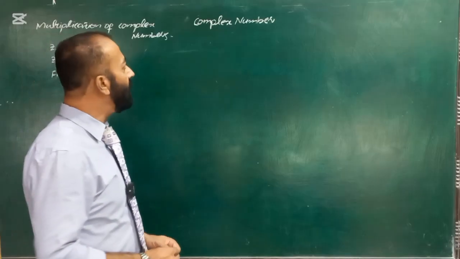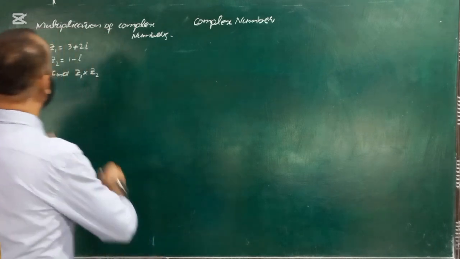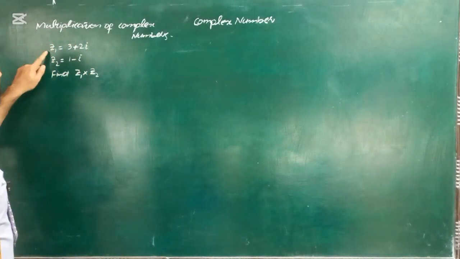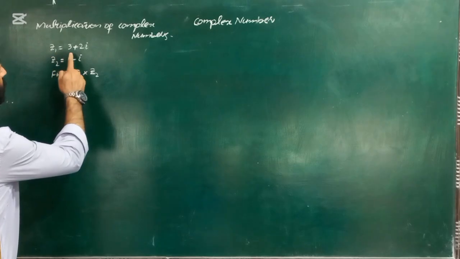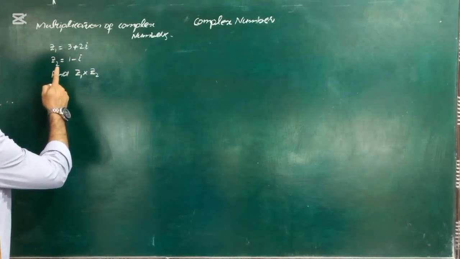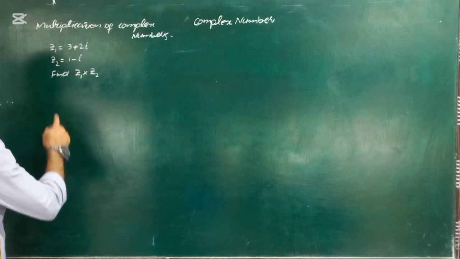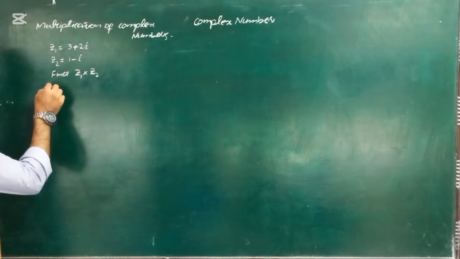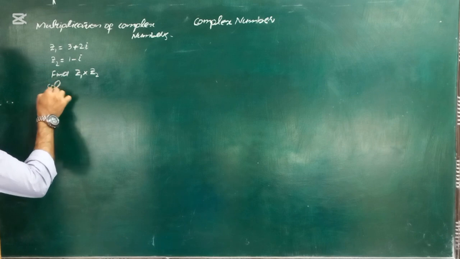The next thing that we are going to read in complex numbers is the multiplication of complex numbers. Suppose one complex number z1 is equal to 3 plus 2 iota and the second complex number z2 is equal to 1 minus iota, and the requirement is to find z1 into z2. Listen carefully.